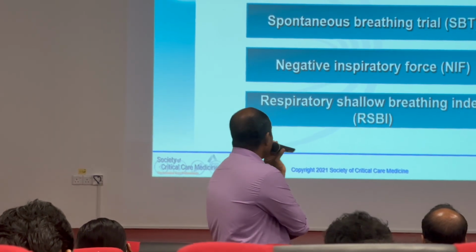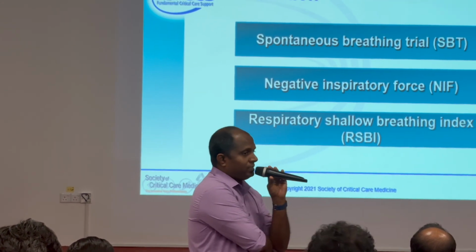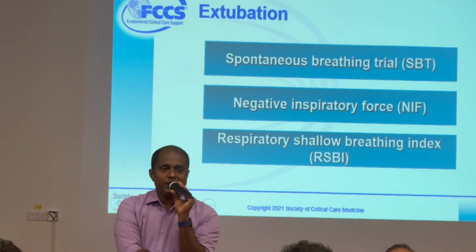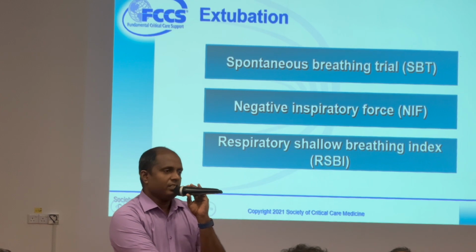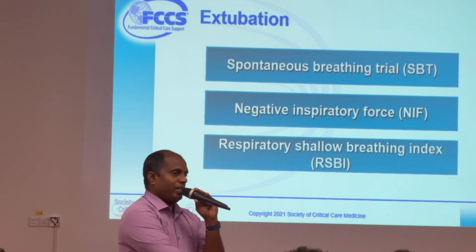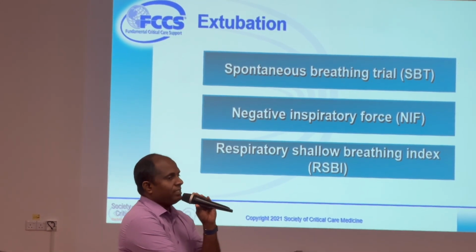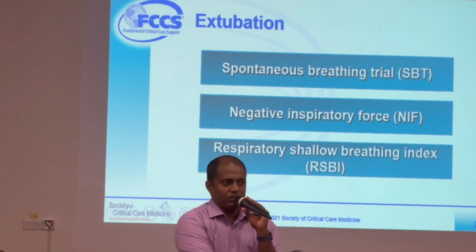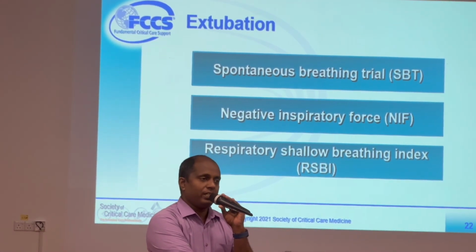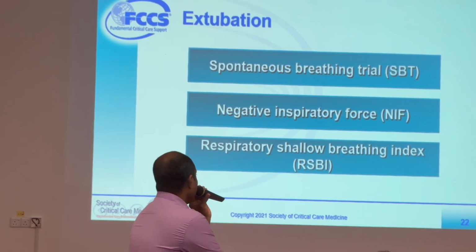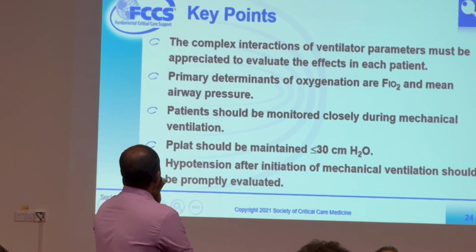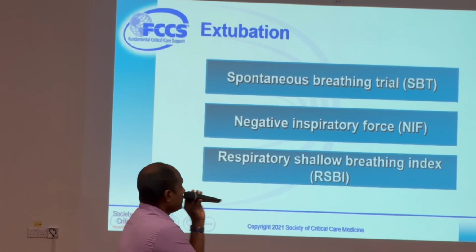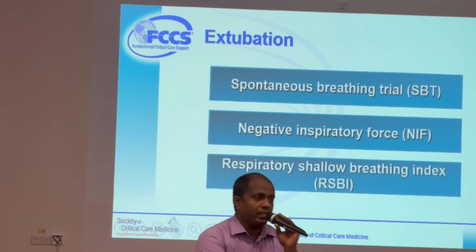The first one is what? Spontaneous breathing trial. To understand that, I usually say it's a test drive. In a controlled situation, you let the patient breathe on his own and see how he is doing. That is a spontaneous breathing trial. So what do we do in a spontaneous breathing trial?